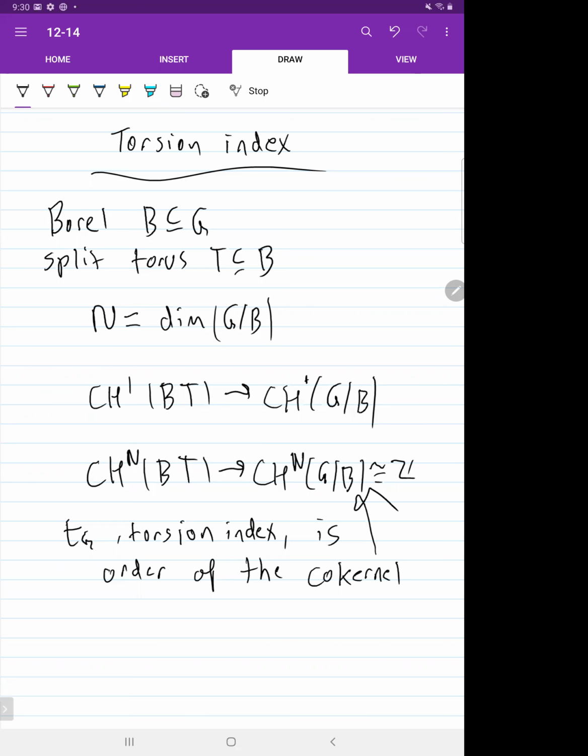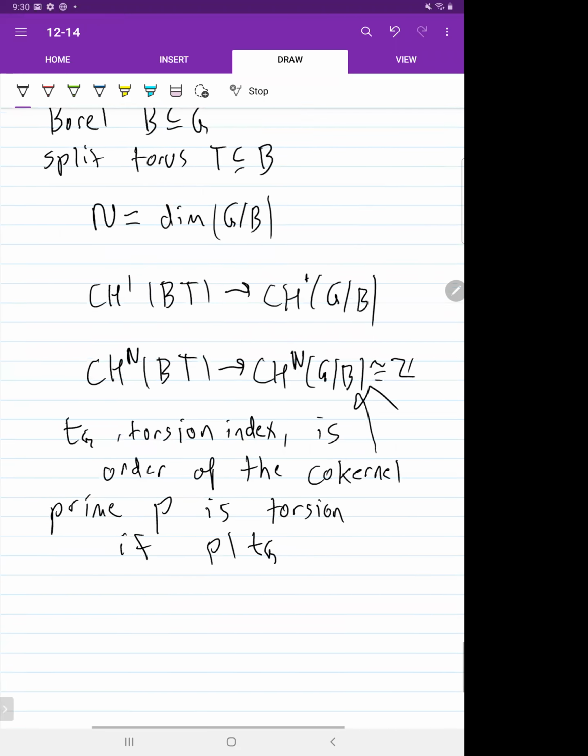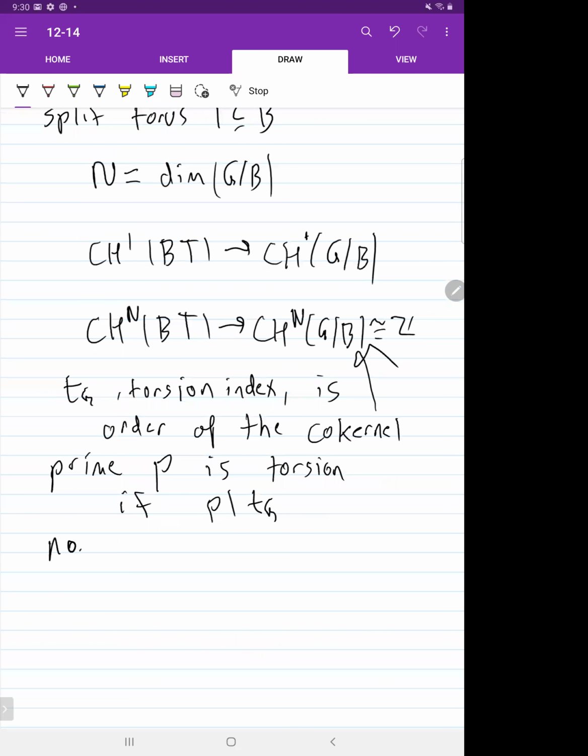And we say a prime p is a torsion prime for G if it divides the torsion index. And we say it's a non-torsion prime if it does not.